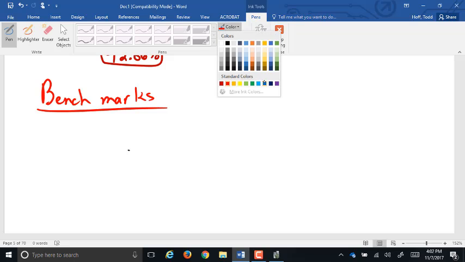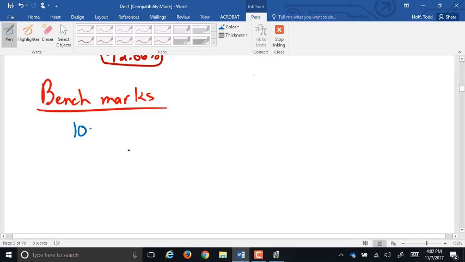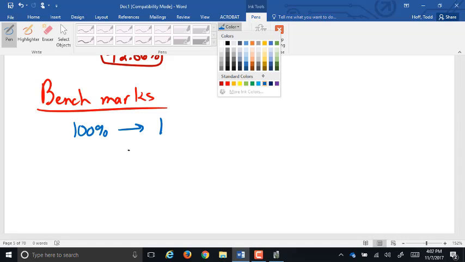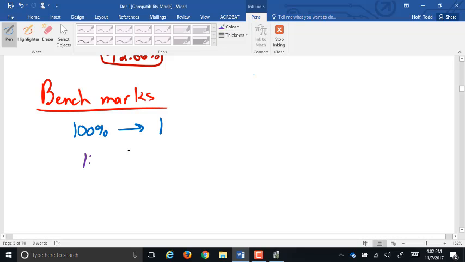We've talked about some standard benchmarks of 100%, which is just 1, the whole thing. But there are some other pretty simple benchmarks out there, one of which is 10%. 10% is 10 out of 100, which of course reduces to 1/10.